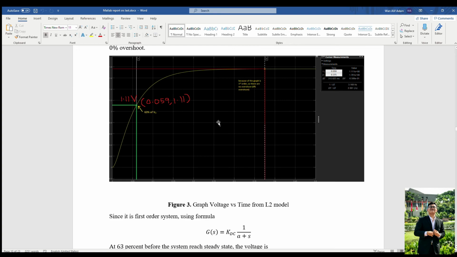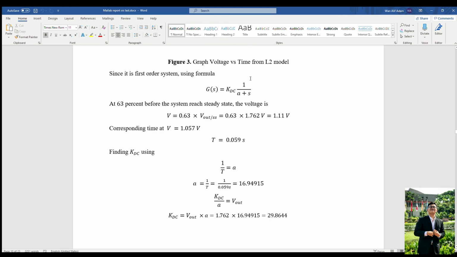Since it is a first order system, we use this formula, and at the 63%, we multiply it with the original voltage, so we get the value.